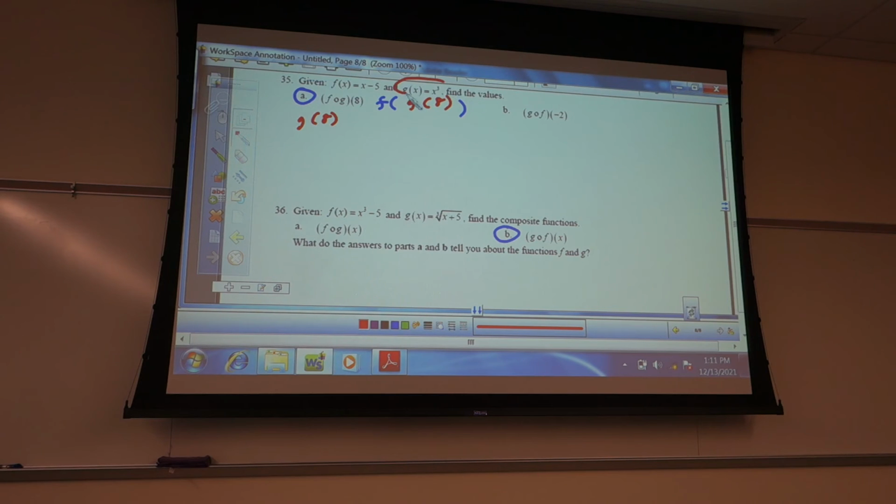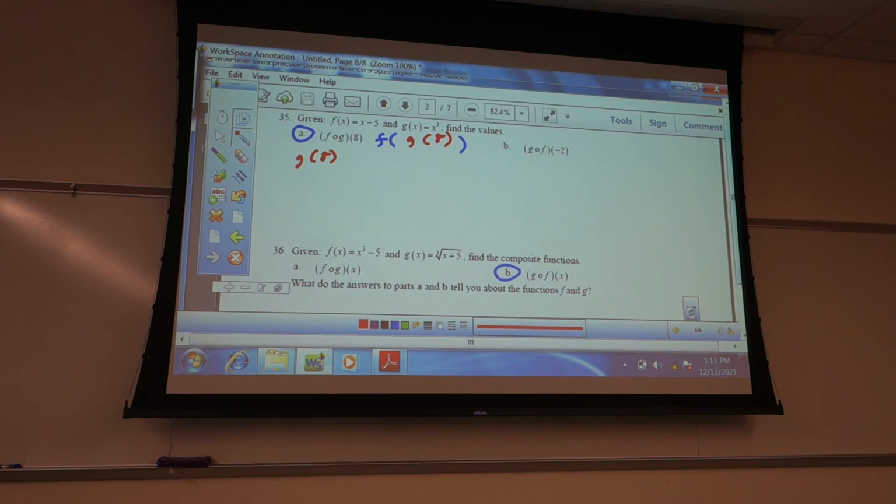So look at this right here. G of x equals x to the third. G of x is my y, my function. It's my answer. So you input x, whatever x is, and your y is x to the third.